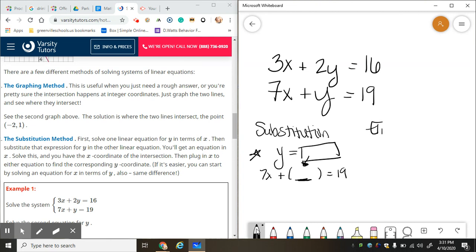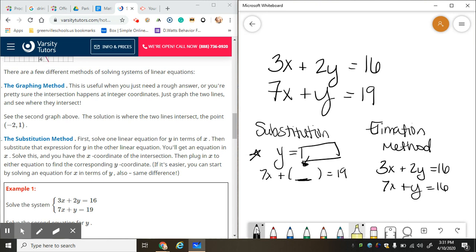Then you have the elimination method, which I spelled wrong. It's okay though. This is math, not a spelling class. In the elimination method, the idea is to get one set of these, either the x's or the y's, to be exactly the same. So you're not moving anything.